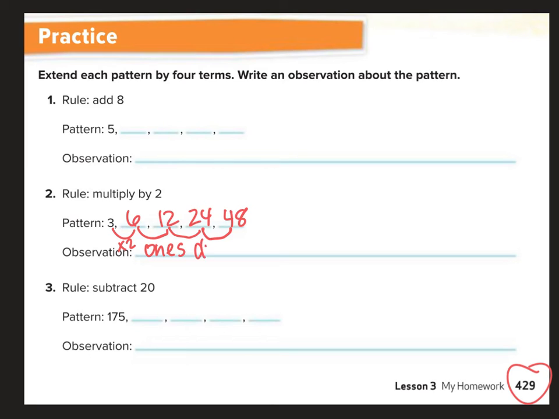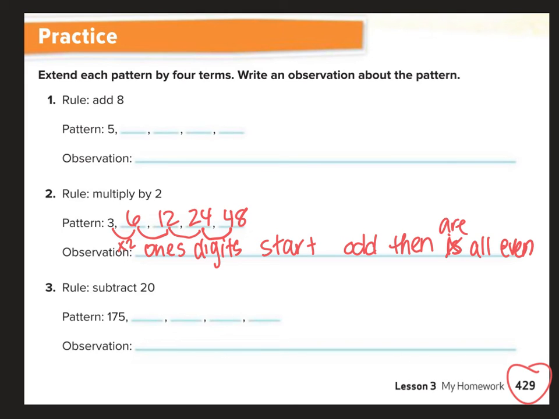Ones digit start odd, then is all even. Right, that's not very good grammar, but ones digits start odd, then are all even.